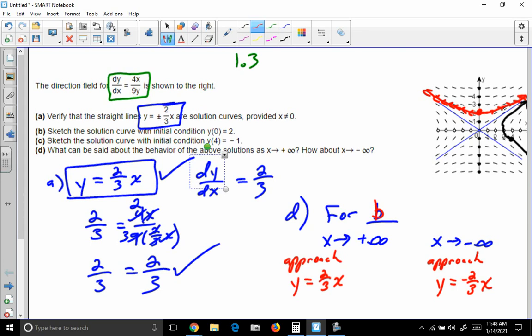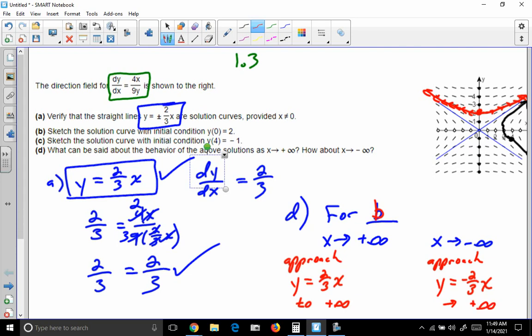When we're going to positive infinity and we're following y equals 2/3 x, notice that's going to be going up and up and up forever. So we're going to positive infinity in the y direction. Here, as we're going towards negative infinity in the x direction, so as we're going farther and farther to the left, we're following that line, and it's going up and up forever, so it's going to positive infinity in the y direction.